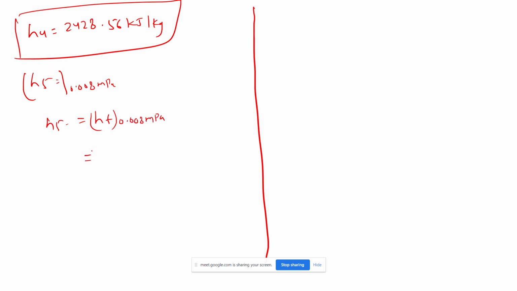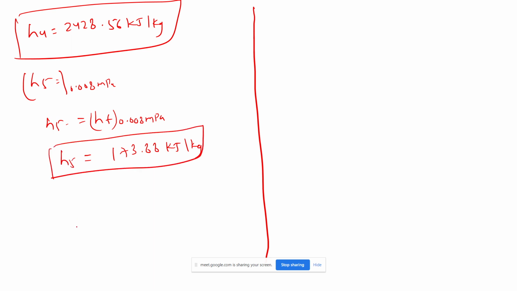What is the value of Hf? It is 173.88 kilojoule per kg for H5. Now again, pump work. Compression in a pump is an isentropic process.